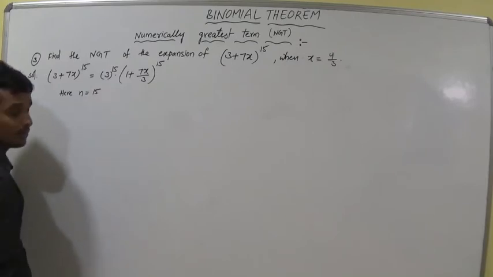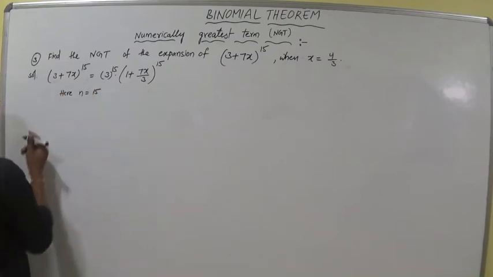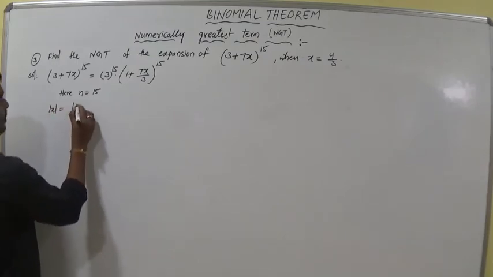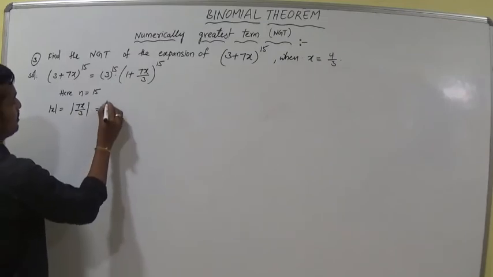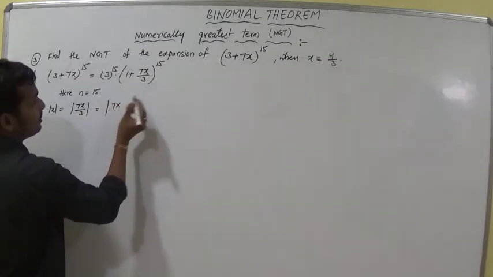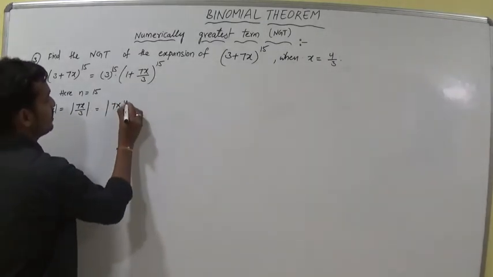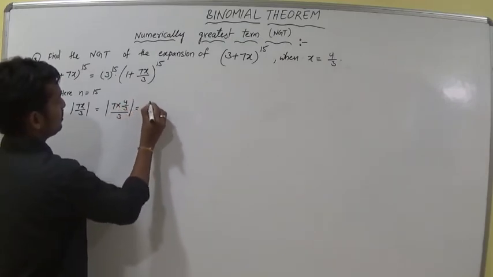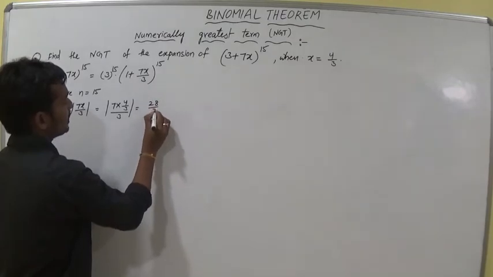Here n is equal to 15. So now I am finding mod x. Mod x is equal to mod of 7x by 3, that is equal to mod of 7 into the value of x, which is 4 by 3, by 3. That is equal to 28 by 3 by 3.